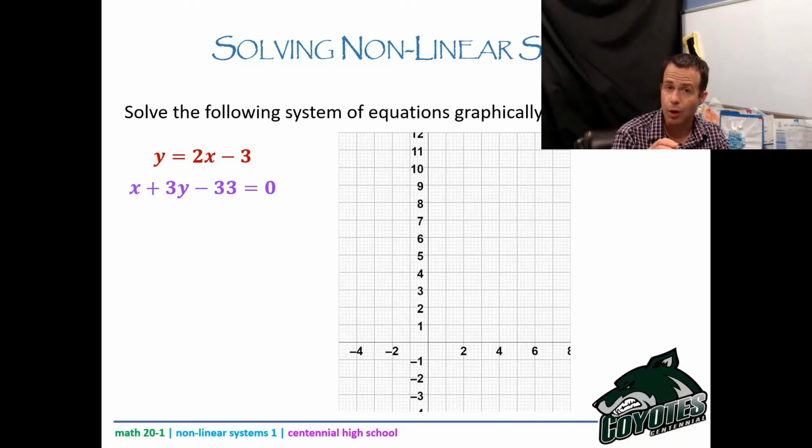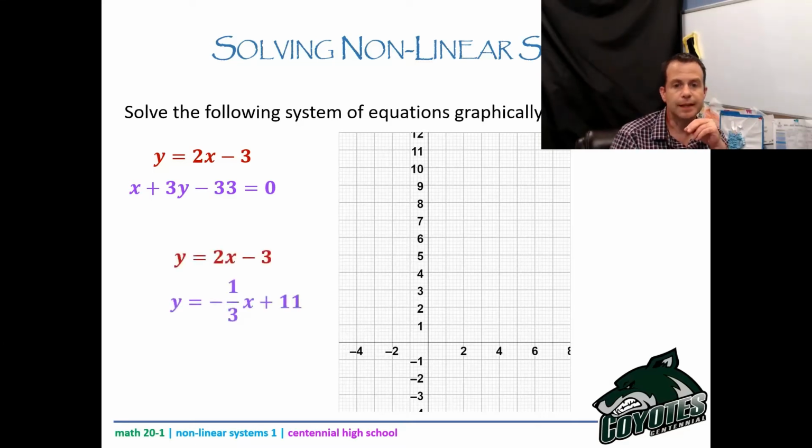Now that doesn't have y by itself yet. I'm trying to put this into y equals mx plus b form. That's called slope y-intercept form because that's easier to graph, right? I'll know exactly where my y-intercept is, and from that y-intercept I'll know how to apply the slope, okay? So I have to divide everything by 3.